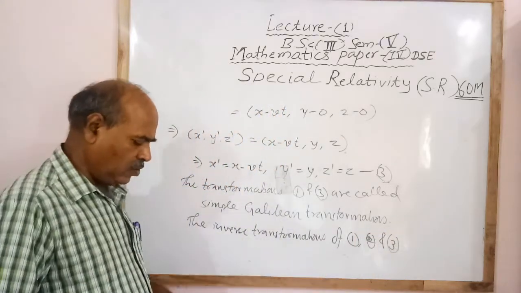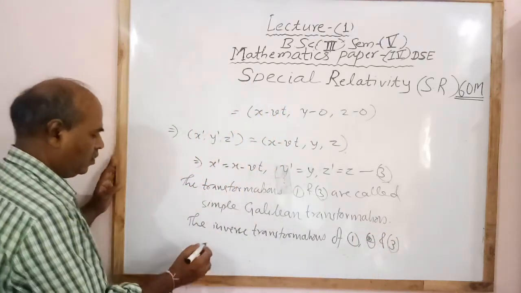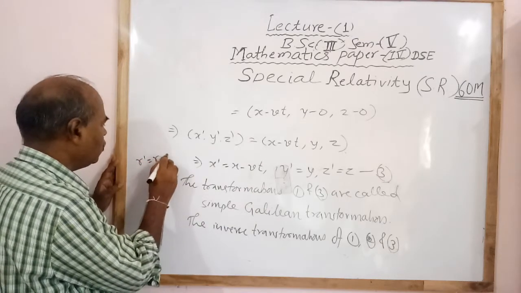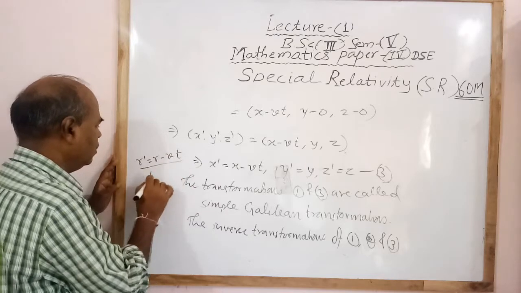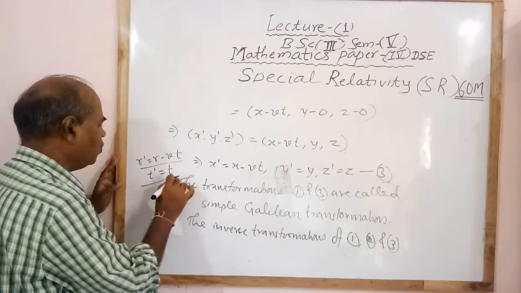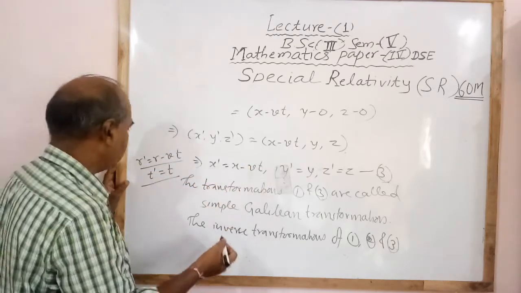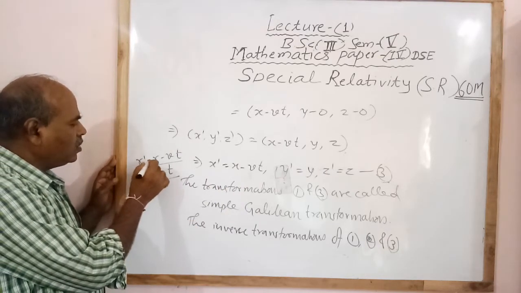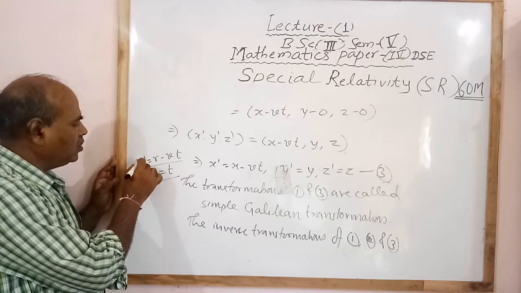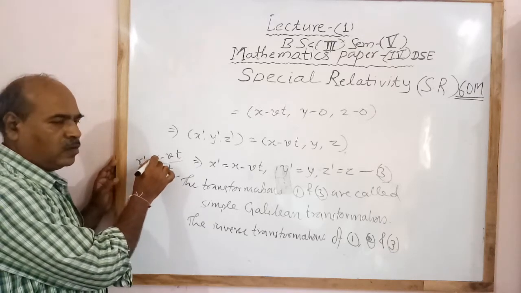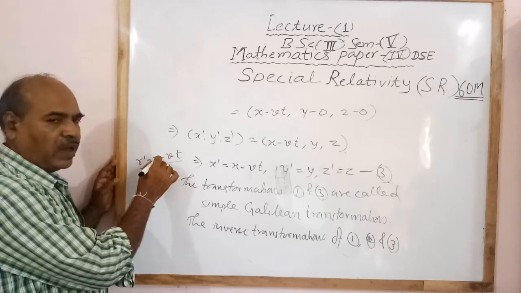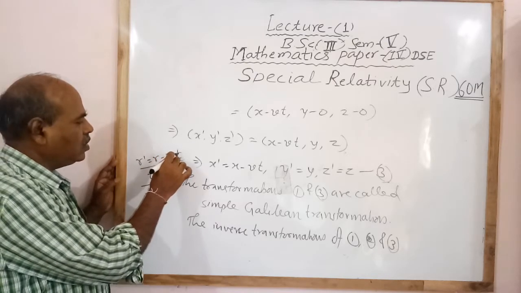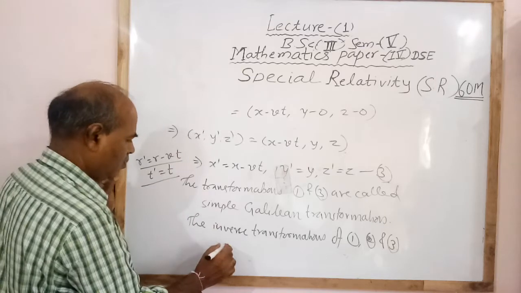The inverse transformations of 1, 2 and 3 are: the first equation is r dash equal to r minus vt, the second is t dash equal to t. For the inverse, r dash is replaced by r, r is replaced by r dash, the minus sign becomes plus sign, v is constant as it is, and t is replaced by t dash.